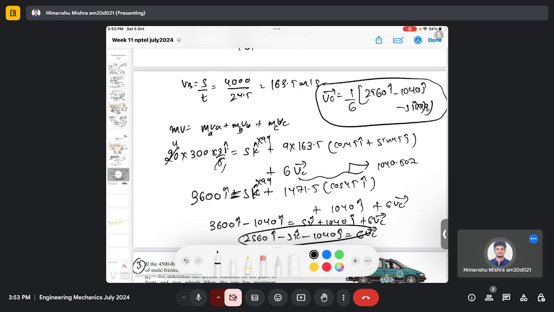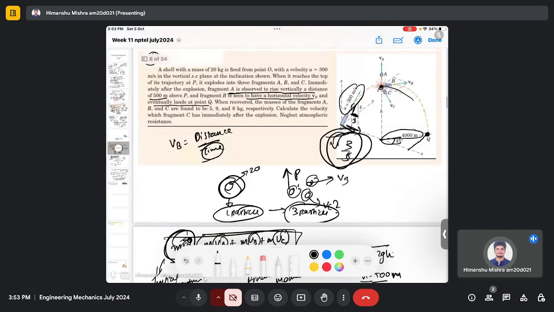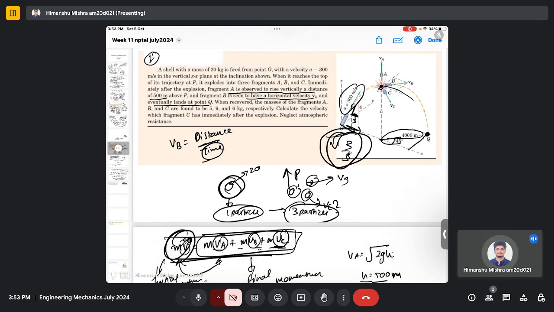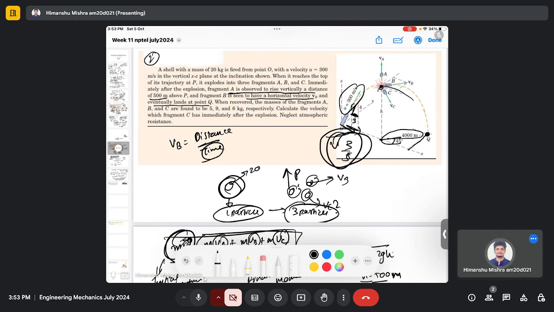So again it was quite a straightforward problem. We have given a projectile, initially of mass 20 kg, shot at a velocity of 300 meter per second, and at point P it is divided into three parts A, B and C with different masses.